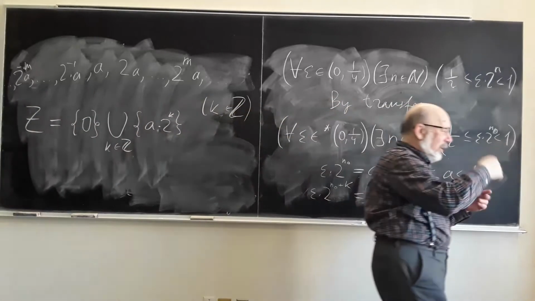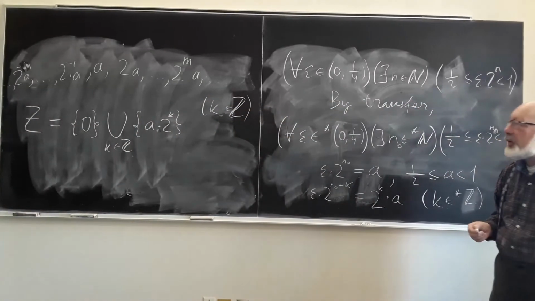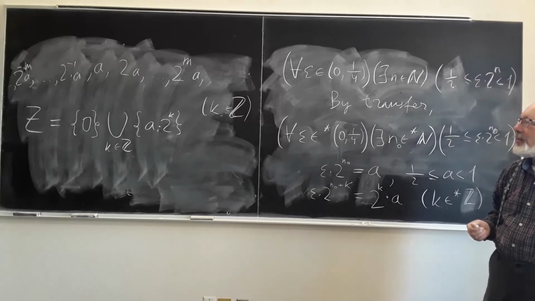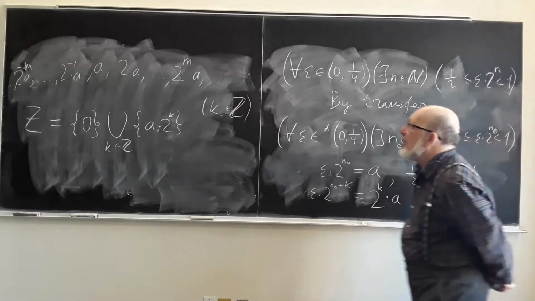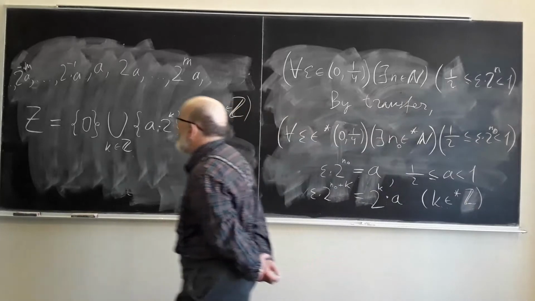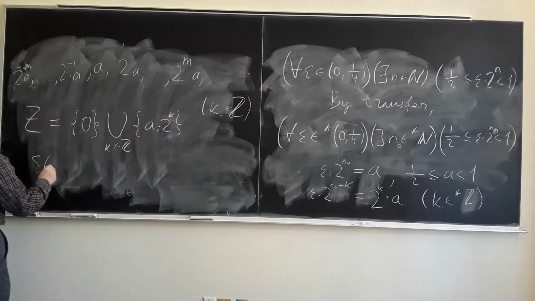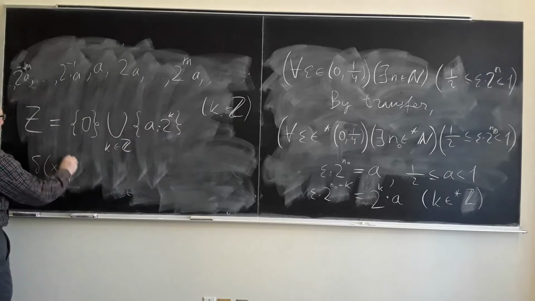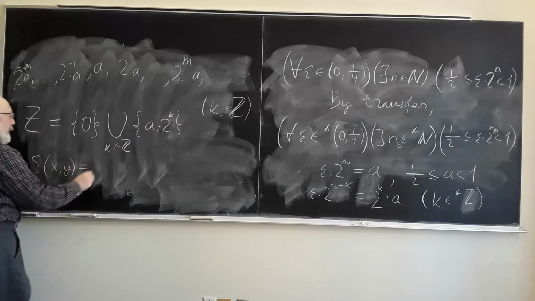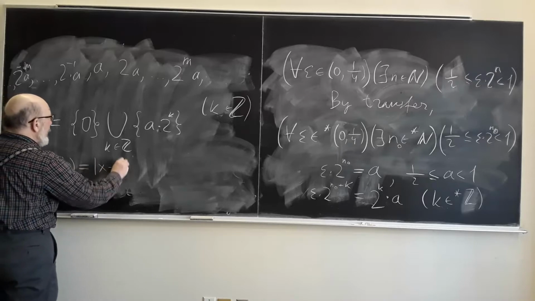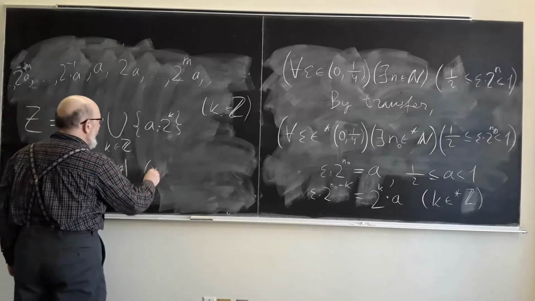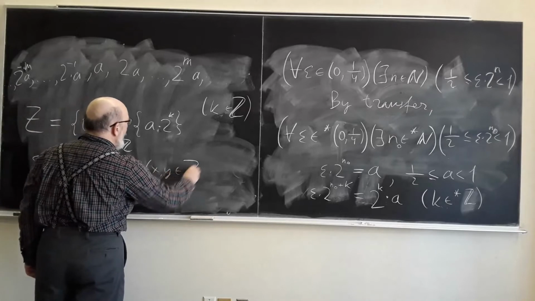So all two-sided geometrical progression. And delta of xy equals modulus of x minus y, where x and y are points of this set.